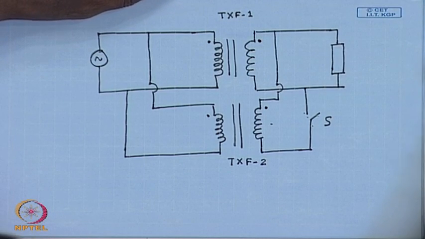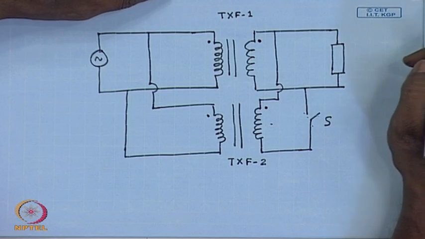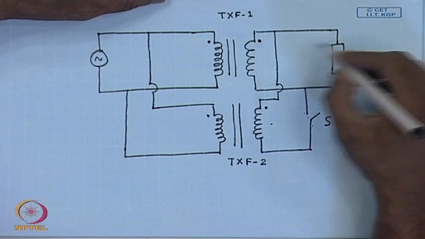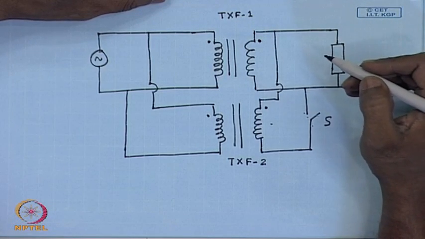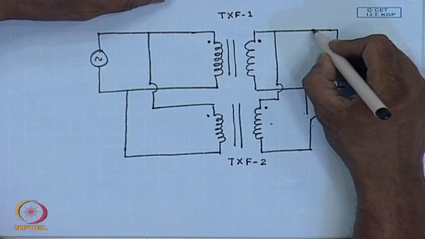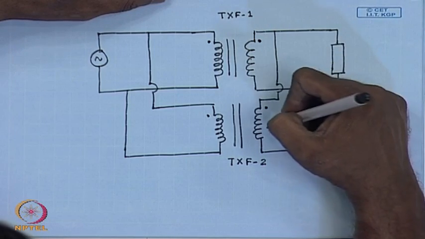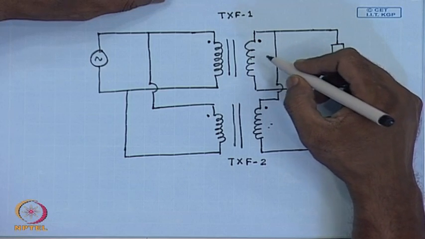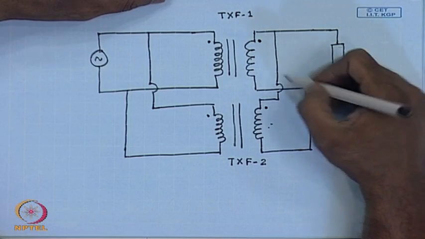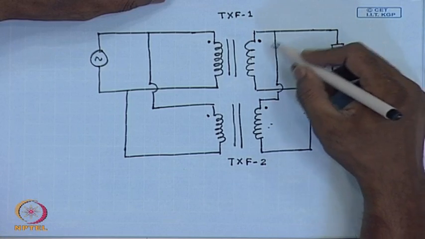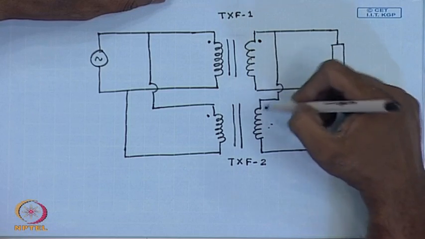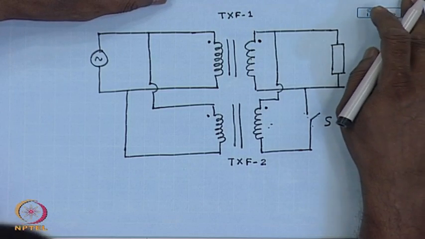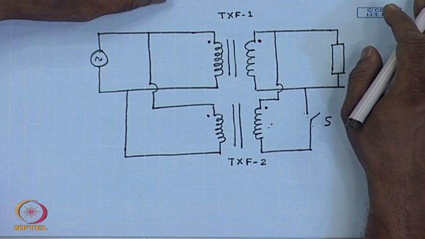But this is not all. Obviously, one can appreciate that the no load voltages of the transformers should not be very different, for the same reason. Even if we assume that there is no load, and the transformer secondary no load voltages are different, then when we close the switch there will be a circulating current flowing through the secondaries, which will be limited only by the series impedance of the transformers, which we have seen to be small, typically within 5 to 10%.